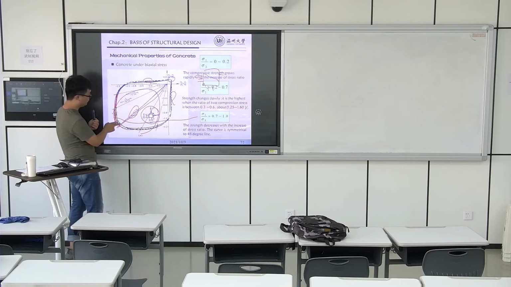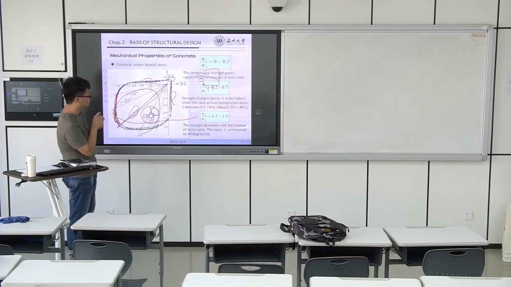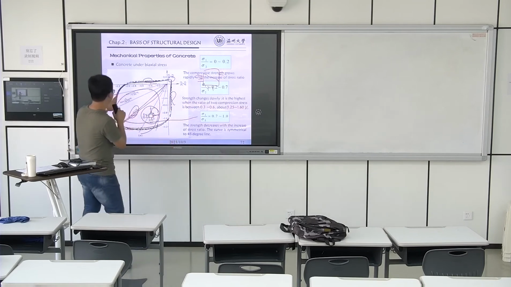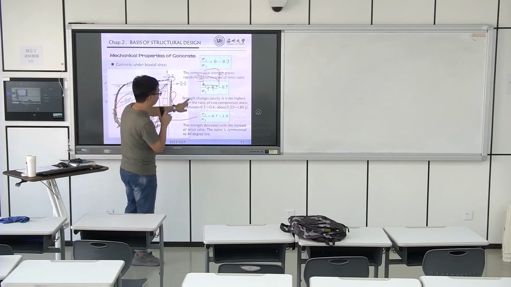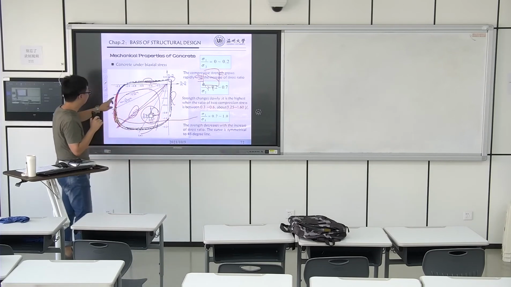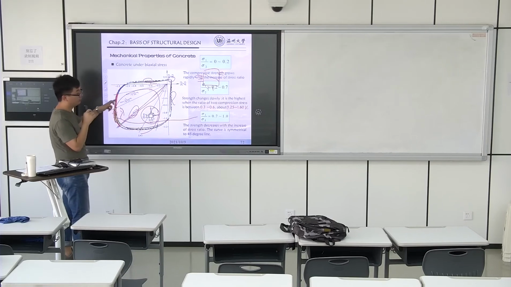So when we decrease the ratio, the strength also decreases. And the strength changes slowly in this period, for concrete at this stage, with the ratio sigma 1 divided by sigma 2 in this range.